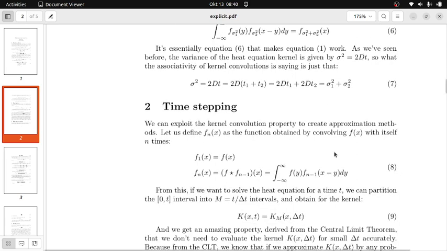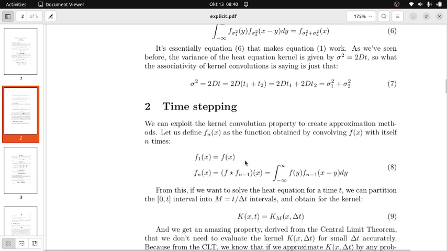Alright, cool. And in view of this, we can do the so-called time stepping method to approximate our solution, because we can essentially take the n-fold convolution of a function.